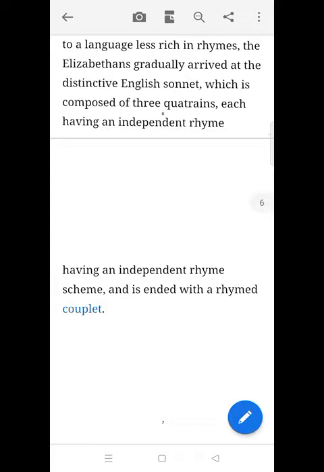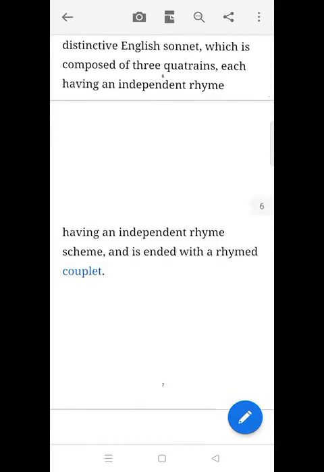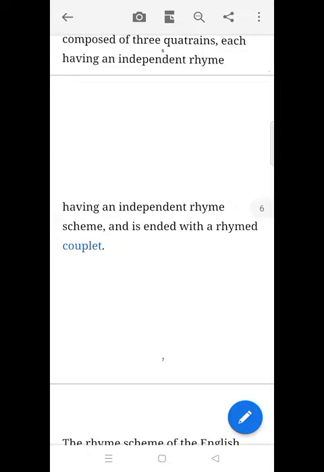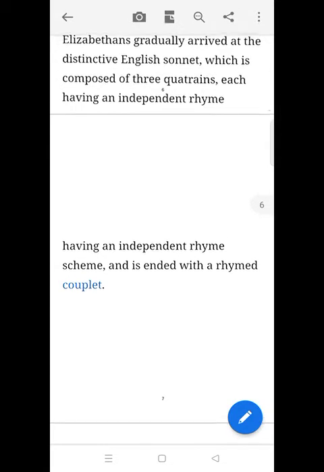So the English sonnet, or Shakespearean sonnet, is different from the Petrarchan sonnet with regard to its composition. The English sonnet has 3 quatrains, while the Petrarchan sonnet has a two-stanza form, one octave and the other a sestet.